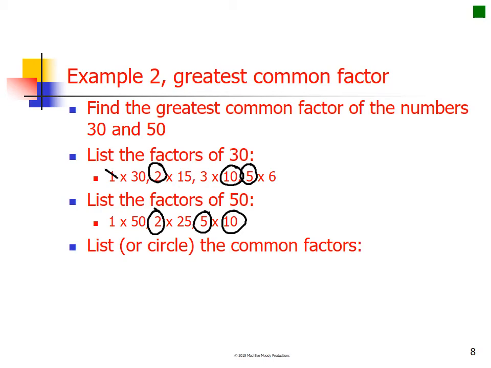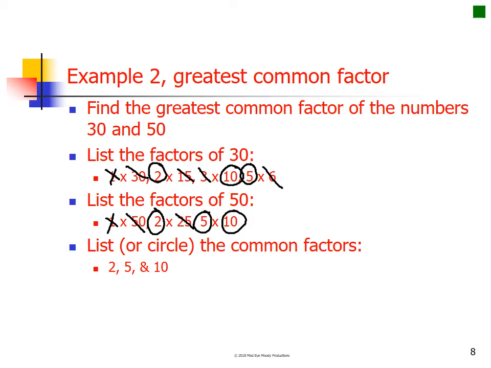We don't count 1, but I don't see 30 on both lists. I don't see 15 on the other list. I don't see 3 on the other list. I don't see 6 on the other list. 50 isn't on that first list, and 25 isn't on the first list. So my common factors are 2, 5, and 10.